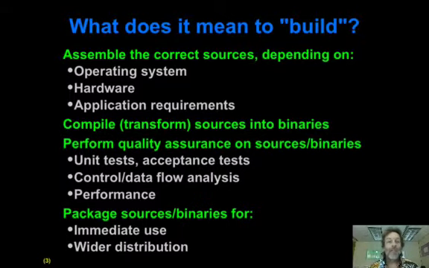And then finally, assuming that it passes all the tests and the compilation was successful, you want to package this thing together, either so that you can immediately run it on the system that you're using, or so that it can be distributed for others to use. So that's in a nutshell what we mean when we say we want to build a system.